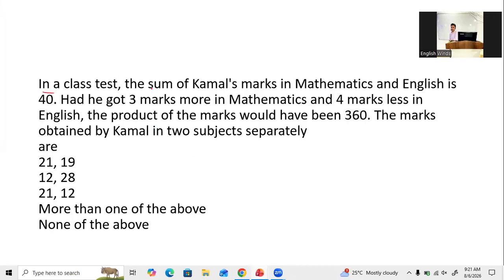In a class test, the sum of Kamal's marks in mathematics and English is 40. He got 40 marks in total.